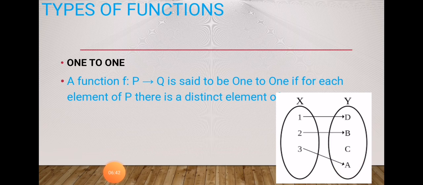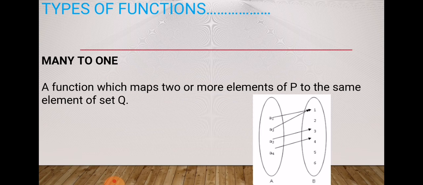So, there is no repetition, meaning not two values of x are taken to one value of y, nor is one value of x associated with two values of y, or vice versa. One value of x is associated only with one distinct value of y. So, that is known as a one-to-one relation.